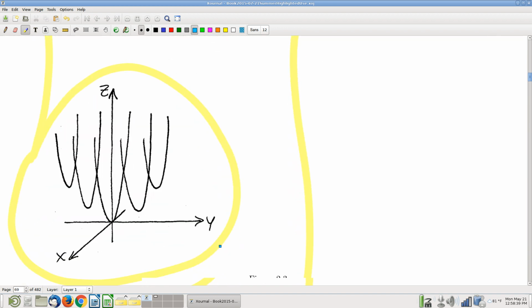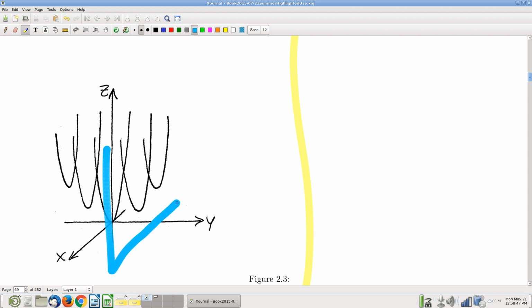So here's the punchline then. What we found is that we have this mystery shape, but when I set z equal to some constant, I'm sorry, when I set y equal to some constant, so here I've set y equal to whatever that is, I don't know, 1, let's say.